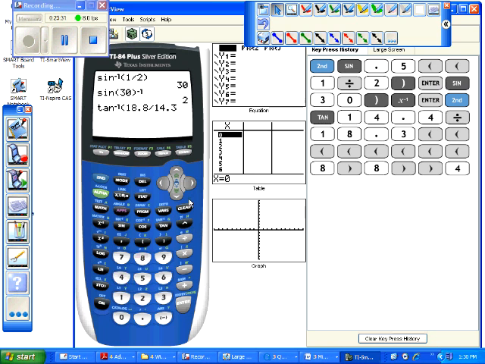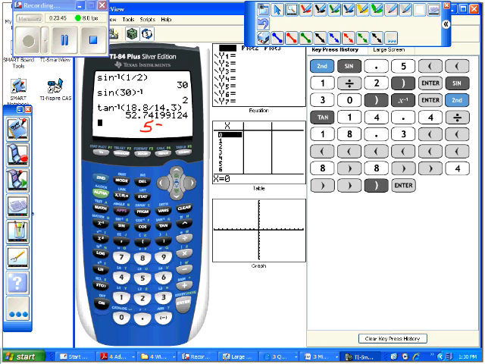Close. Enter. 52.7 degrees. 52.7 degrees. Any questions on that? All right. Any questions so far?